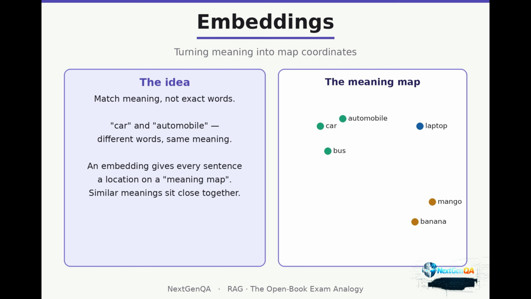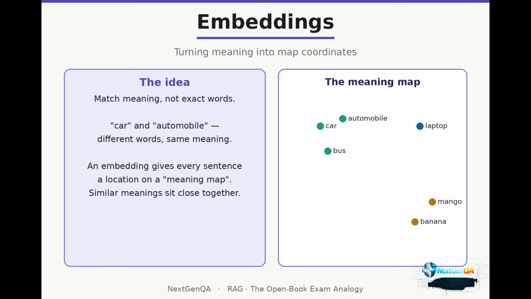We don't want to match words. We want to match meaning. An embedding is a way to turn any piece of text, a question, a sentence, a paragraph, into a list of numbers that captures its meaning. Think of it like this. Every sentence is given a set of map coordinates for meaning.